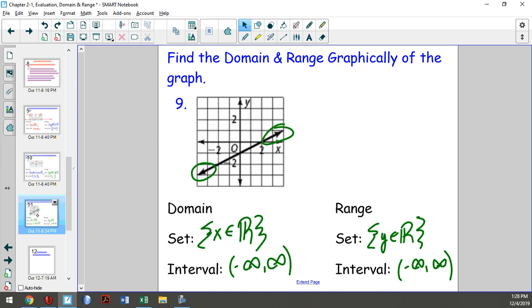Problem 4, problem 7, problem 11, problem 14, and 17. I want you to do those problems with your table partner. If you do not have a table partner, scooch together until you have a table partner. Okay?